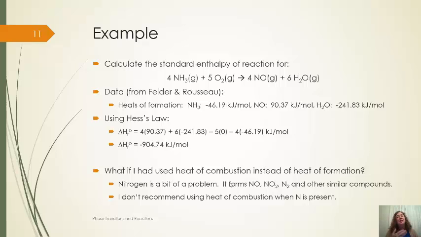The problem is, what is nitrogen forming when it reacts with oxygen? In this case, this is a combustion reaction, correct? Sort of. I'm reacting ammonia with oxygen, and it's making these. But this time it made NO. Maybe it makes NO2 or N2O or N2. Nitrogen can form so many different compounds, it usually is not included in heats of combustion.